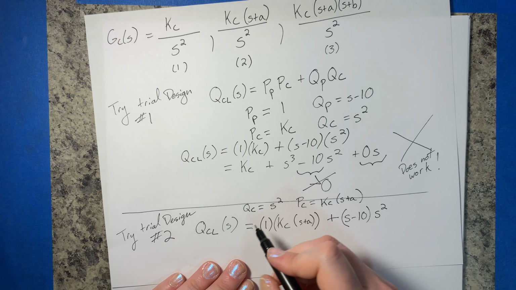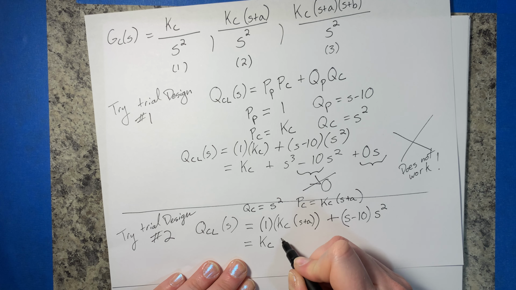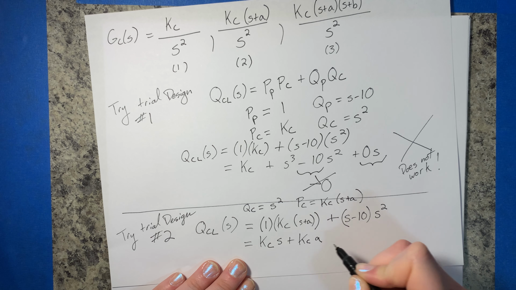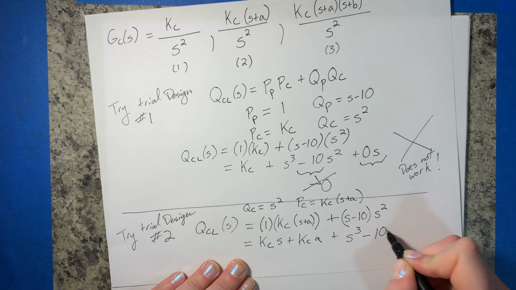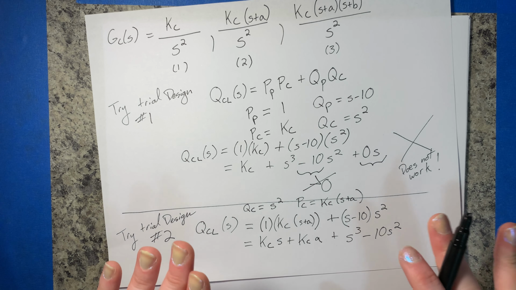All right, multiplying this out, we have KC S plus KCA plus S cubed minus 10S squared. Okay, so things are getting a little bit better, and we could write this in the descending order where this term would be first, and then this term, and then this term, and then this term. But even if we did that, it doesn't change anything.